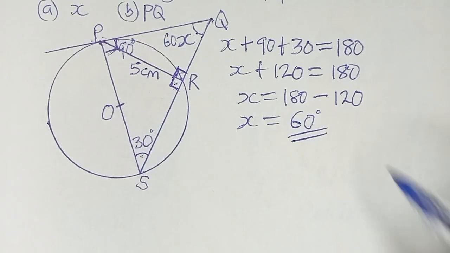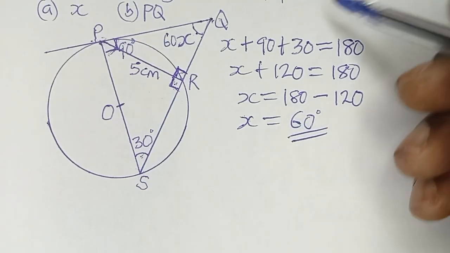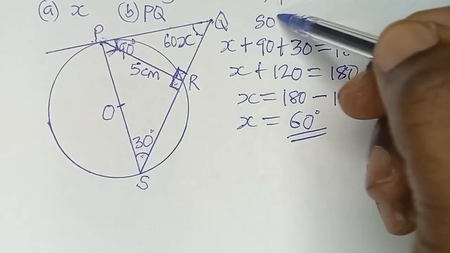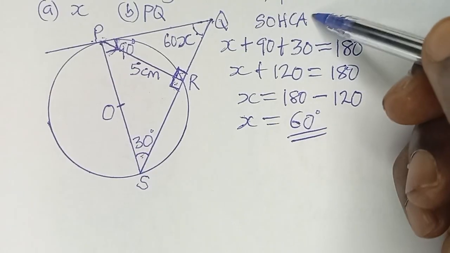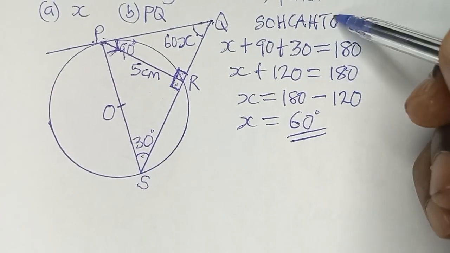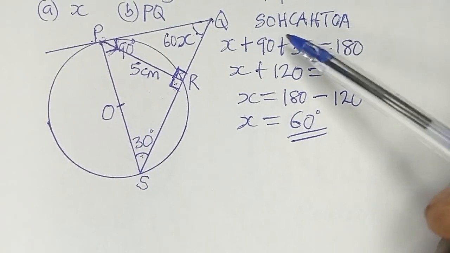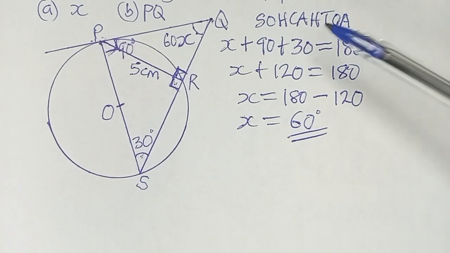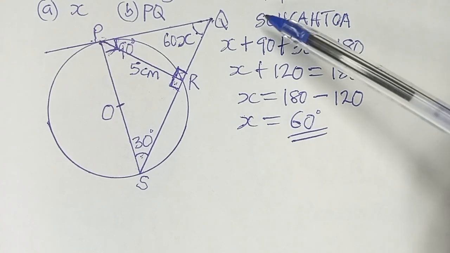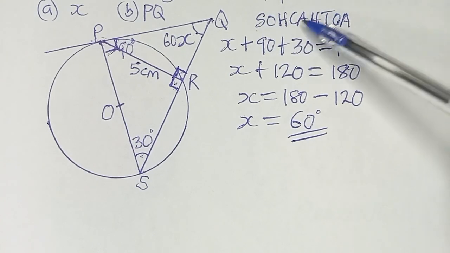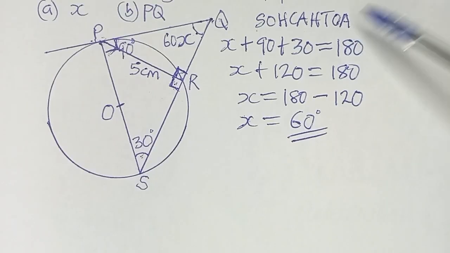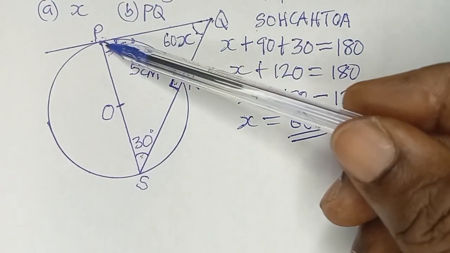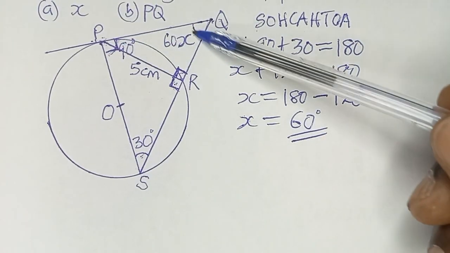Using that right angle triangle, I can use the acronym SOHCAHTOA. I want to believe you also know this acronym. Then from there, we can check whether we are to take SOH, CAH, or TOA. Now, this is the angle that we know.